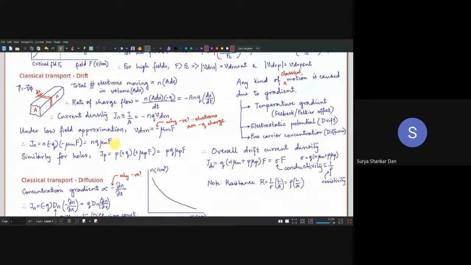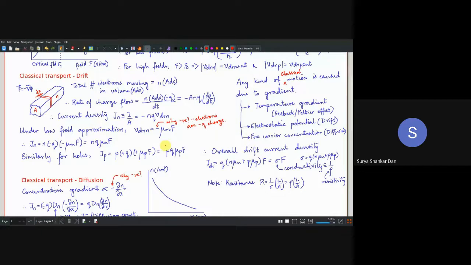Very simple. Similarly for holes, अगर आप देखोगे, the only thing that varies over here is that minus q becomes plus q, minus mu n F becomes plus mu p F, because holes are positively charged, so they will essentially traverse along the direction of the field. So just to keep things simpler in this course, I have avoided the usage of vectorial notations.